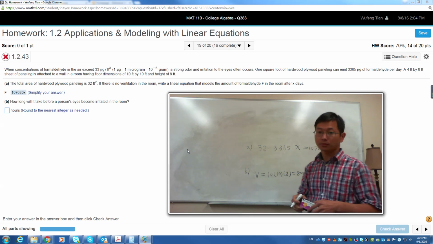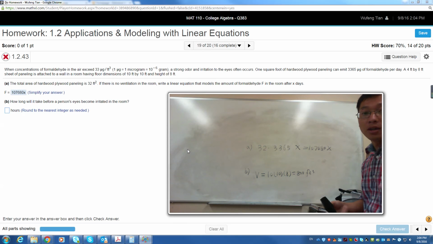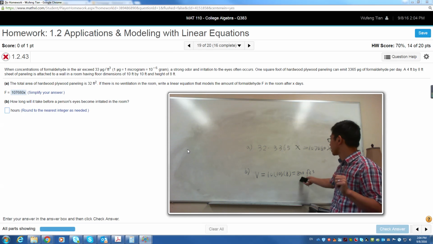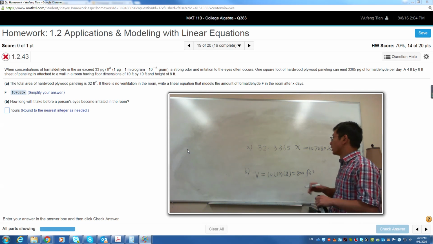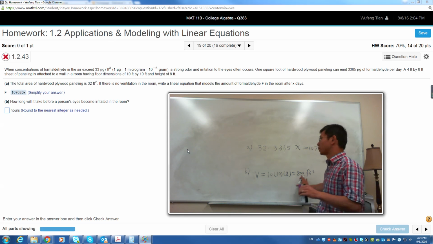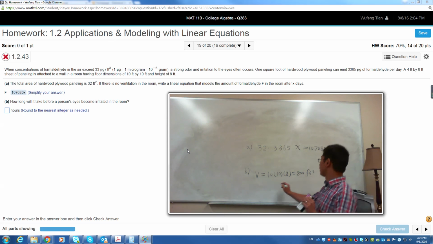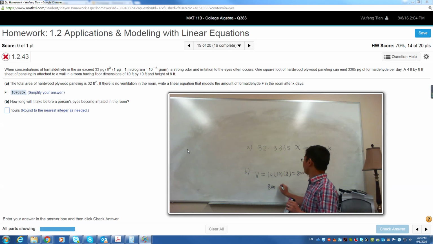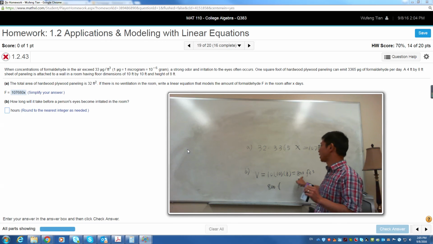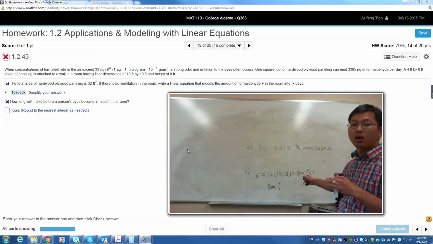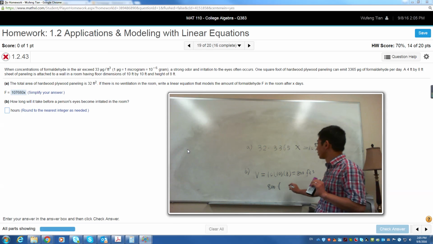Okay, and then if it's 33 micrograms per cubic foot, you feel uncomfortable, you feel irritation. So now we have 800 cubic feet. The total amount that this room can hold is 800 multiplied by 33, since 1 cubic foot can hold 33.